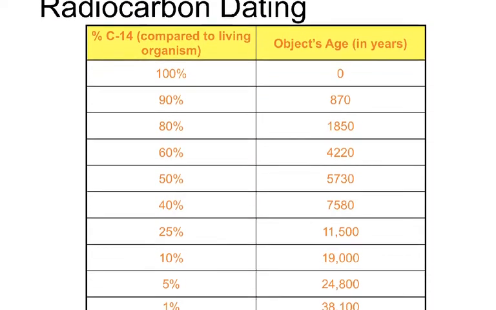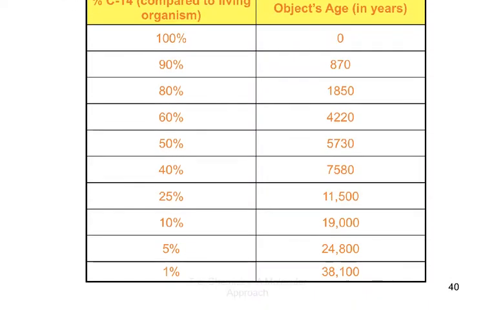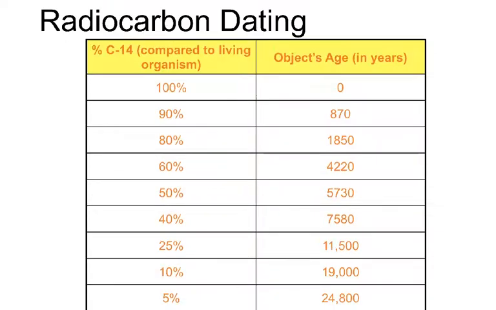Anyway, radiocarbon dating can be used to determine an object's age. You've probably heard of this. We can date artifacts using the amount of carbon-14 left. Here's a table showing the percentage of carbon-14 compared to a living organism versus the object's age.